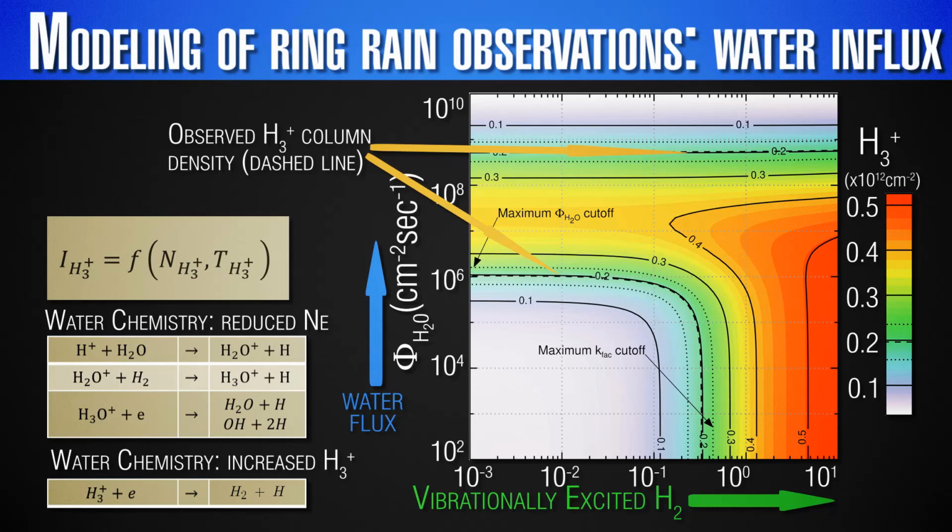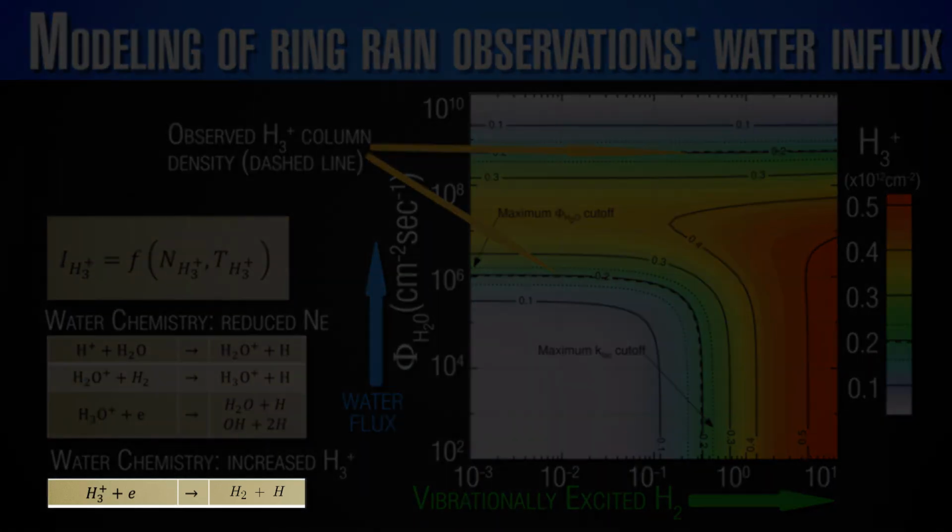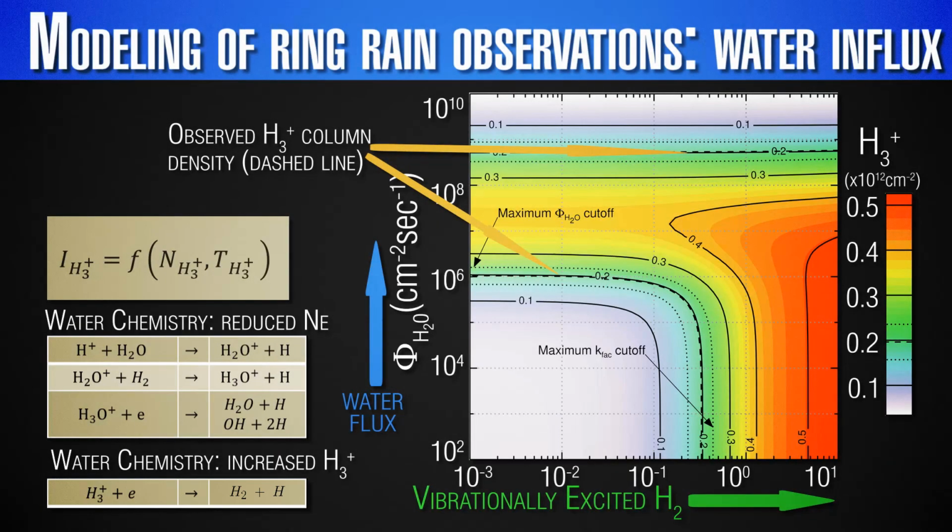So we can see that reaction here. That's called dissociative recombination. H3+ reacts with electrons to neutralize, essentially. So it removes H3+. This is the dominant loss process for H3+ normally. So if I've introduced water into the ionosphere, that means I've reduced the electron density because I convert a long-lived H+ ion into a short-lived molecular ion, okay?